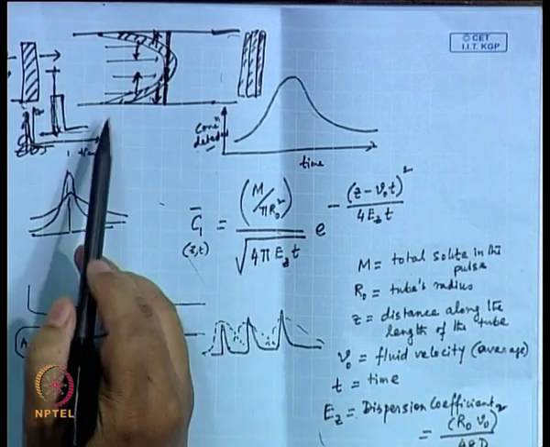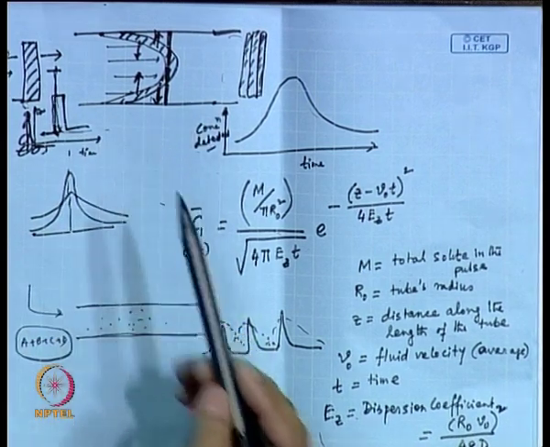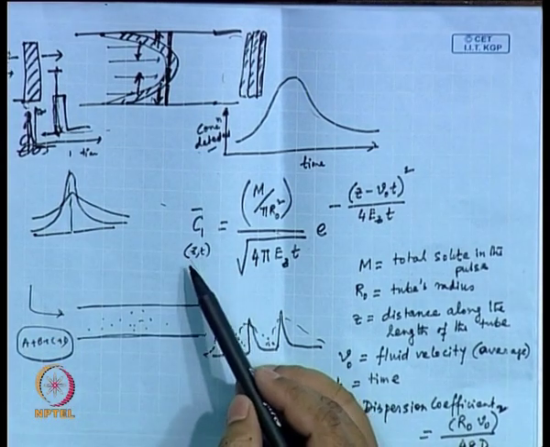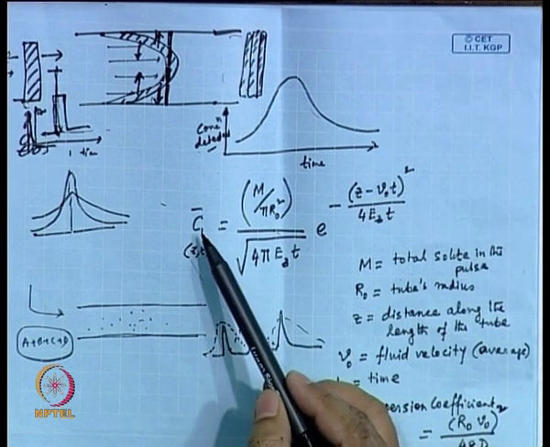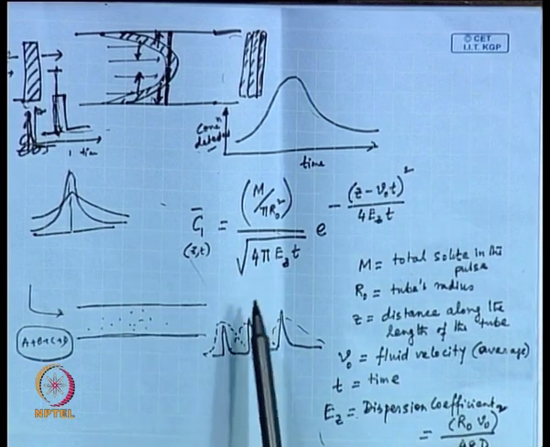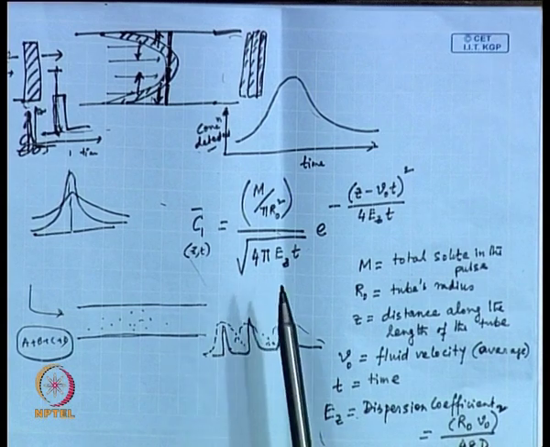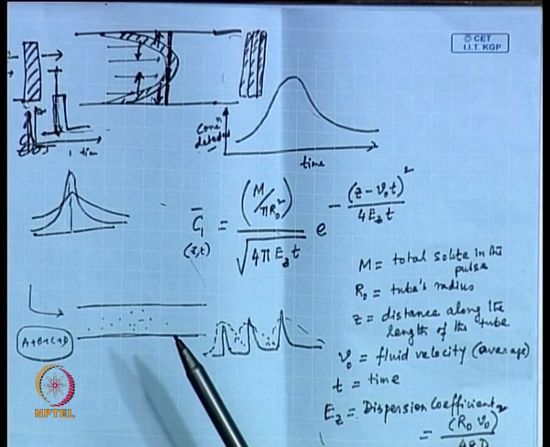What does this mean? z is the length after which you are collecting it, and t is the time. As a function of z and t, you would be getting this concentration. You have this kind of functionality, and I told you at that time that this functionality has something in common with what we have already discussed before.